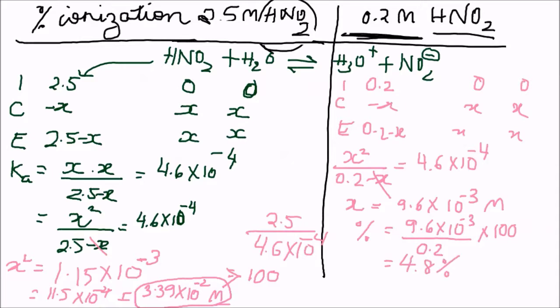On the other hand, if you do the same thing for the concentration that we determined, 0.0339 divided by 2.5 times 100, that number actually comes out to be a much lesser value, 1.4%. And so hopefully you can see and appreciate that as you dilute the solution, or if you keep the concentrations lower, the weak acid is going to remain much better ionized.